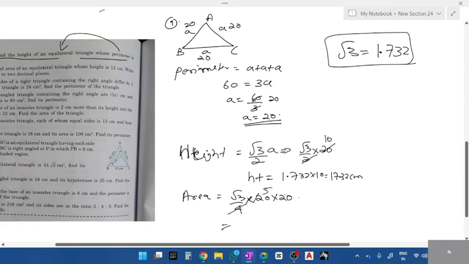Root 3 into 100, which is 1.73 into 100, so 173.2 centimeter square.